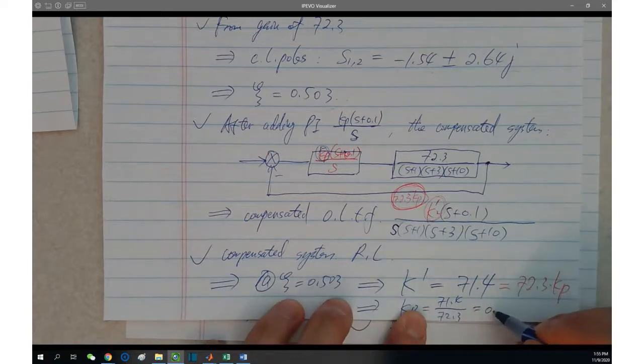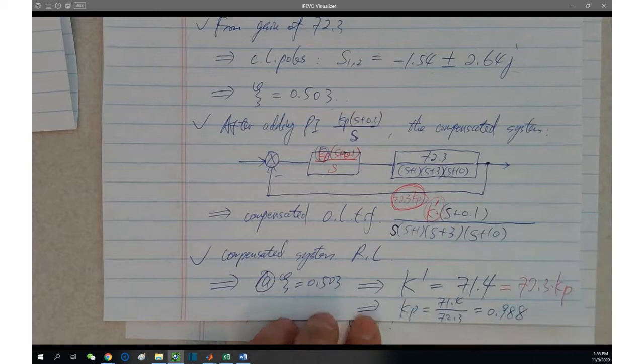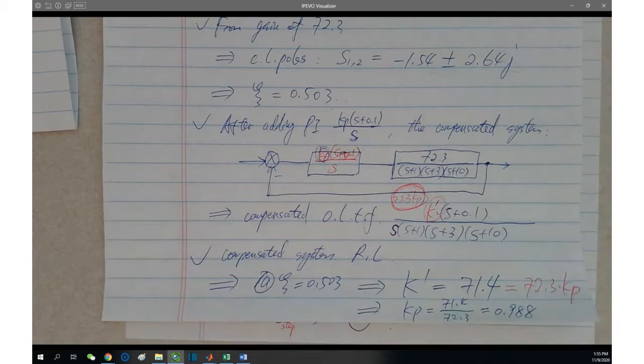What would be the difference between just simply multiplying the control block from the PI controller to the plant, I'm assuming that's the plant, and using K prime? Why couldn't we just put in 72.3 and then KP, assuming KP is the controller gain? Would we do that the same way?